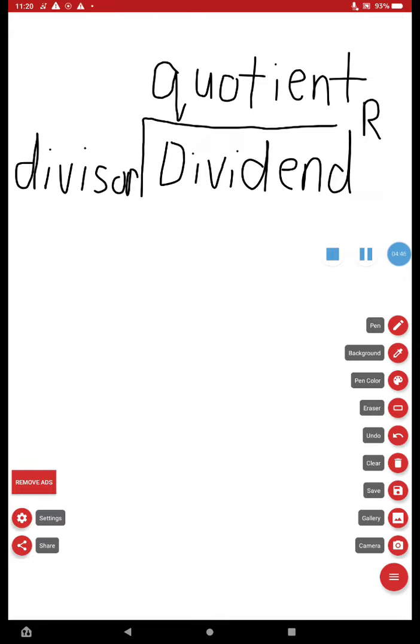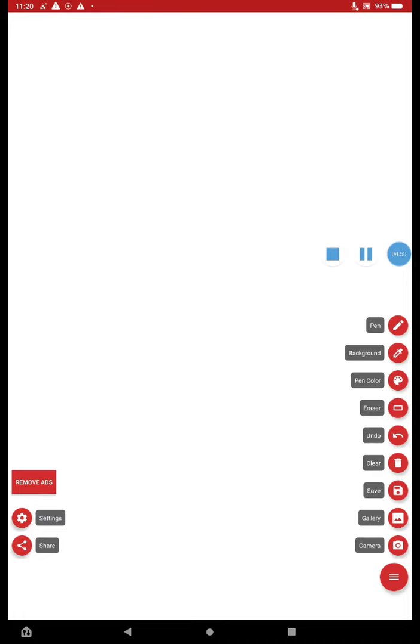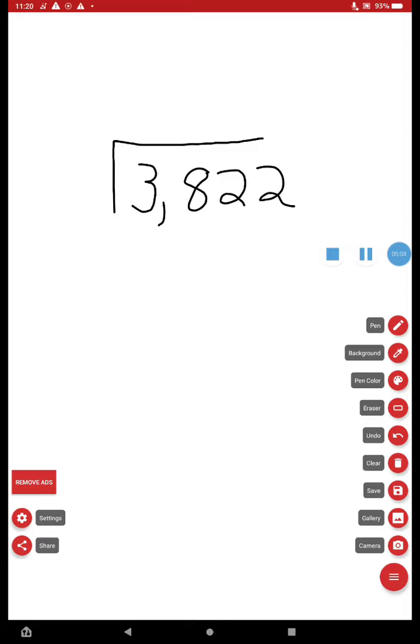Now let's look into an example on how to divide. For my example, I'm going to put my division bar right in the middle of my paper. The dividend is 3,822. The divisor is 7.